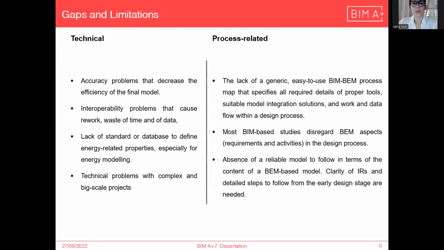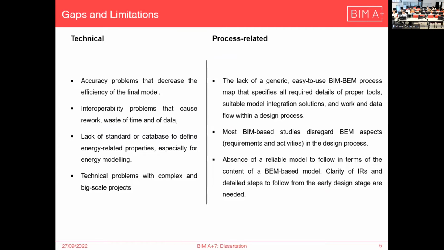So the biggest issues or limitations that we found during the literature reviews can be grouped into two main categories. The first is technical limitations, which are mostly related to interoperability problems that can lead to more rework, waste of time and data.